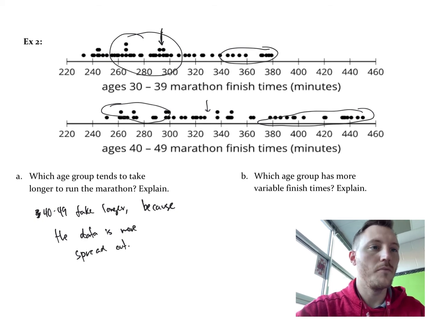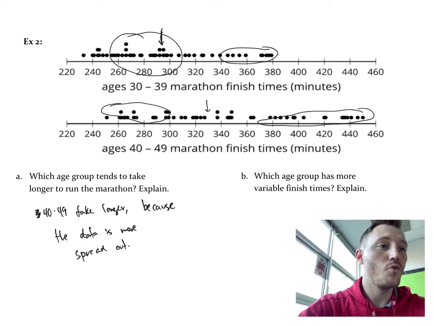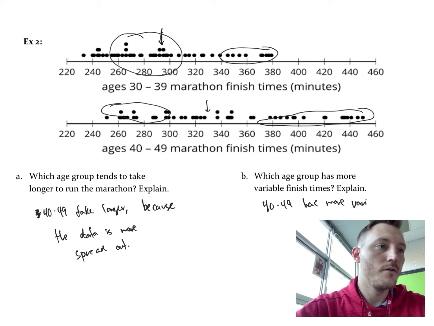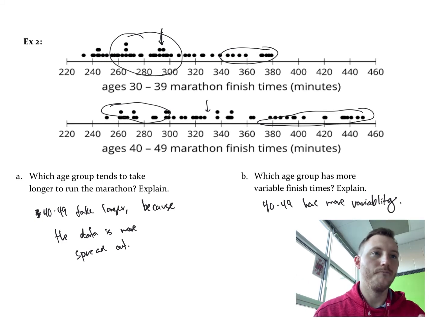That's where we think the middle is. Which age group has more variable finish times? I'm going to say that the 40 to 49 has more variability, or dispersion, that helps lengthen that data out.